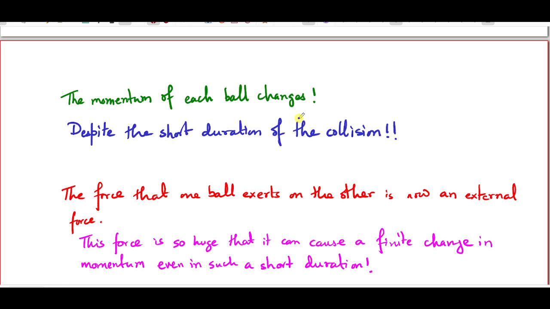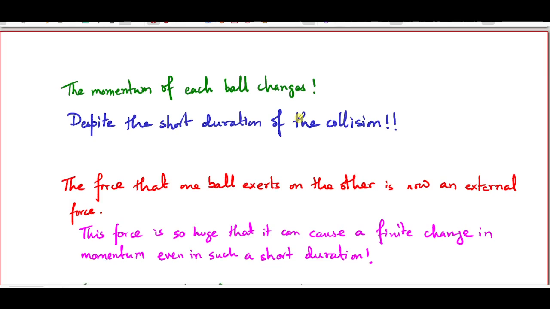The force which the other ball exerts on the ball which we are considering our system is now an external force. So, in addition to gravity, which was an external force we had even previously, we have one more external force. But what makes the thing so different is that this external force is huge. This force is so huge that it can cause a finite change in momentum even in the short duration over which a collision takes place.